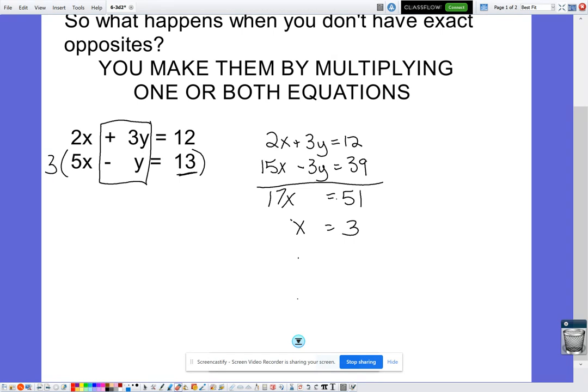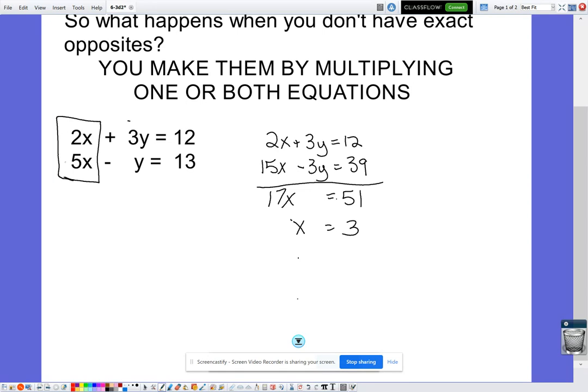So instead of looking at the y's, I'm going to look at eliminating the x's. And this is where the least common denominator thought process comes in. So between 2 and 5, what is the least common denominator?